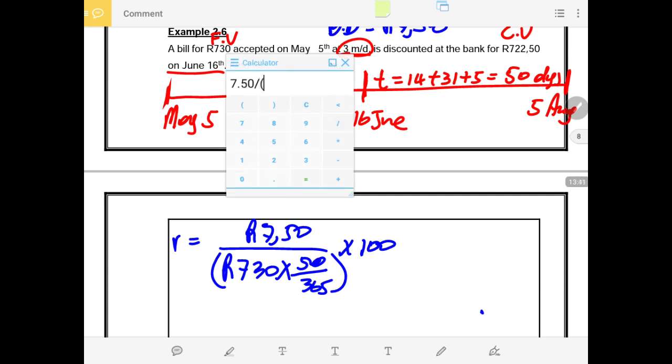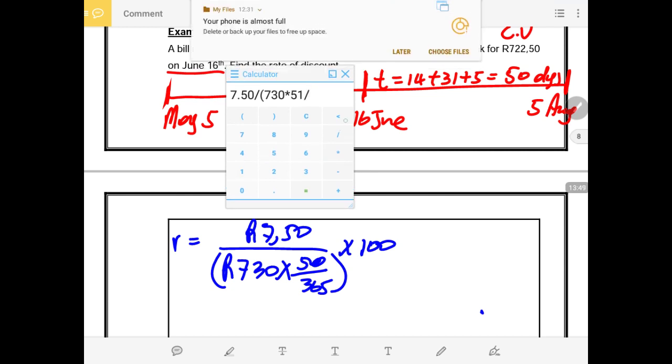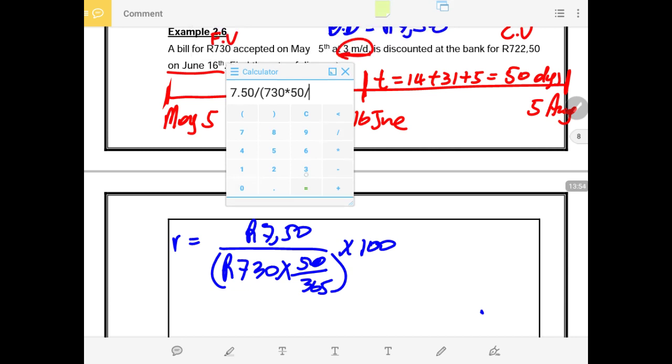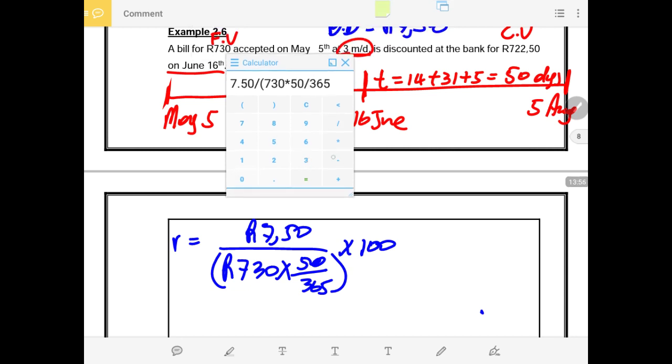7.50 divide open brackets 730 times 50 divide by 365 close brackets, times by 100 everything. We get our rate as 7.5%.